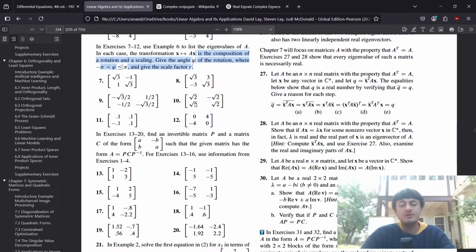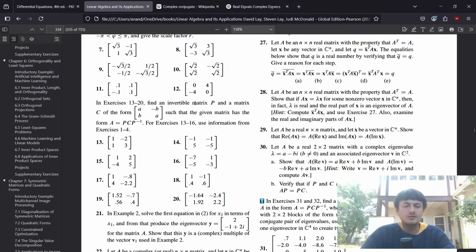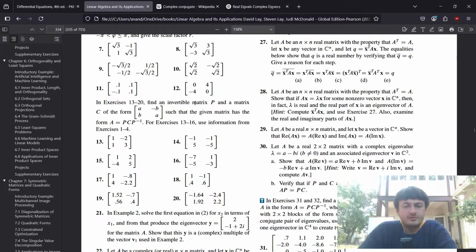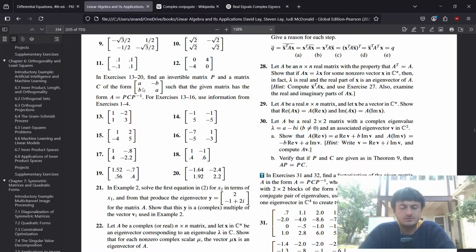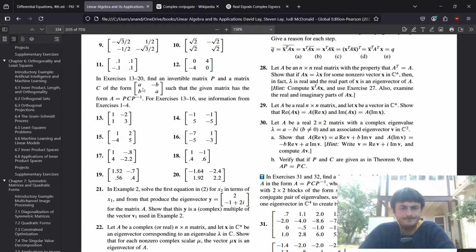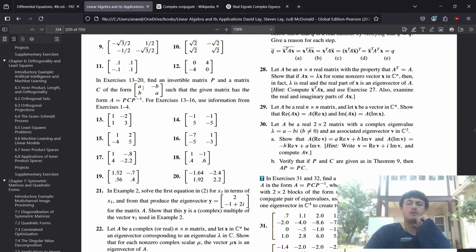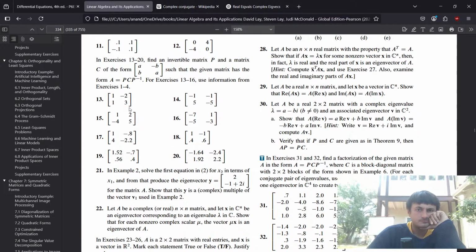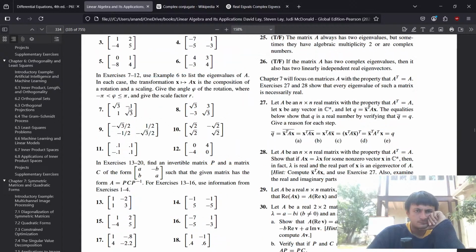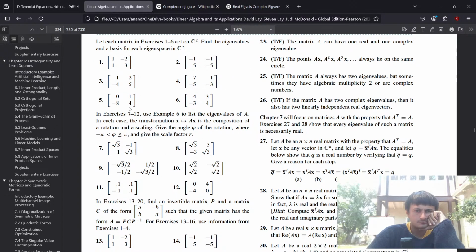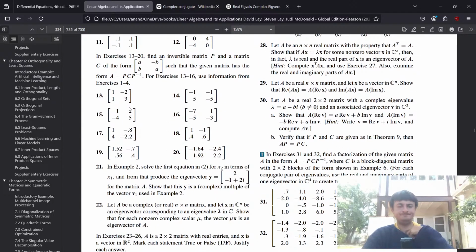I don't have my camera set up, but that's fine. In 13 through 20, find an invertible matrix P and a matrix C such that A is equal to P C P inverse.